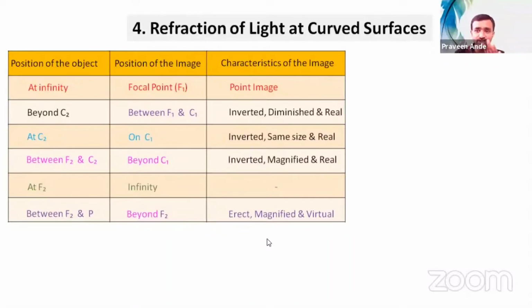How did I get this information? Simply by observing the ray diagrams. So learn the table as I discussed here. If the object is placed at infinity, then the image is at focus. If you put the object at focus, the image shifts to infinity. C1, no need to discuss: at C2, or C2 at C1, opposite sides.